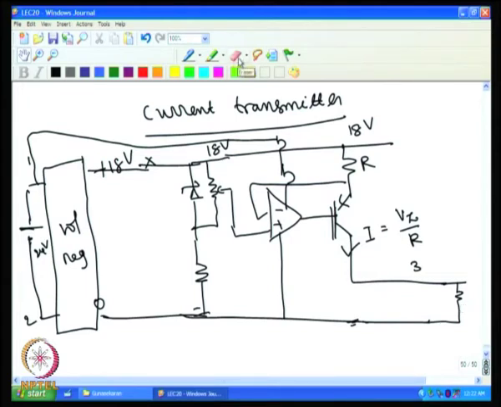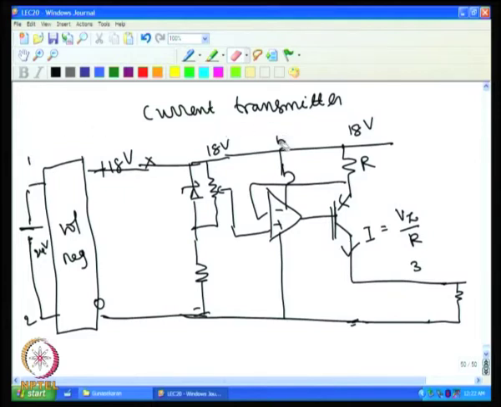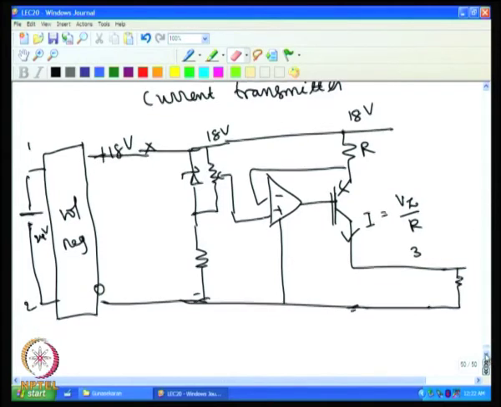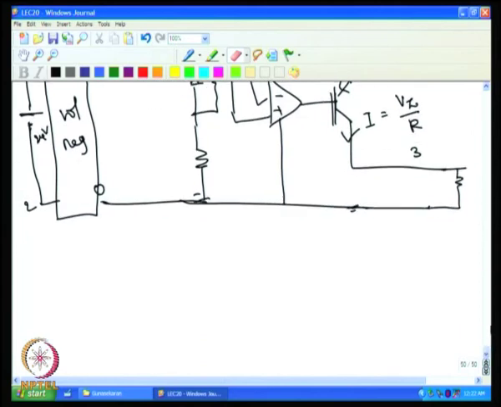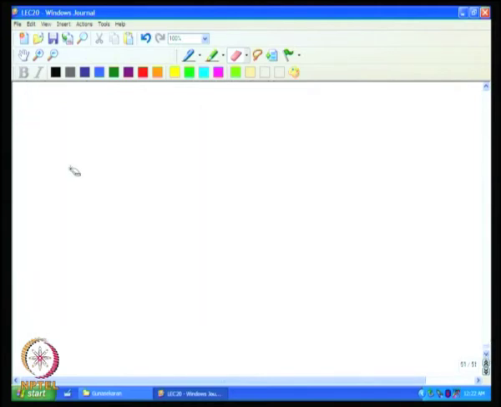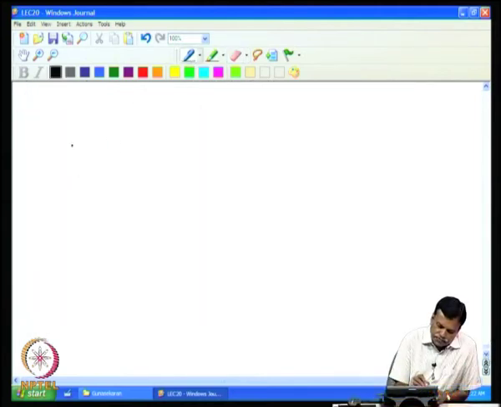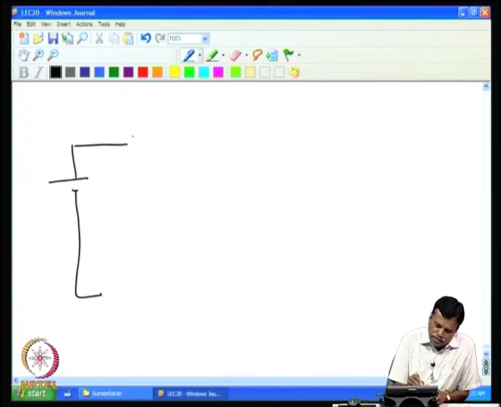So, normally what is done is that instead of connecting it here, we can connect it in a slightly different way. We can see in the next circuit. What we can do is have a regulator in the conventional form that we had discussed earlier.